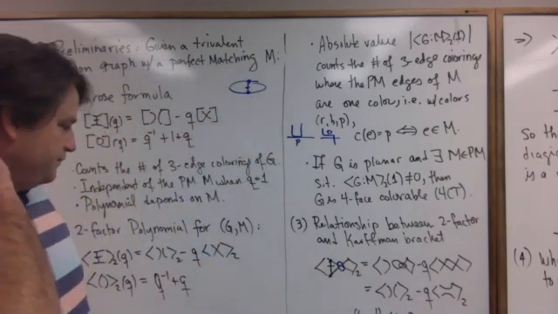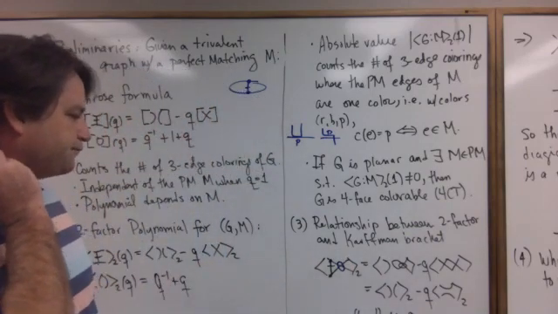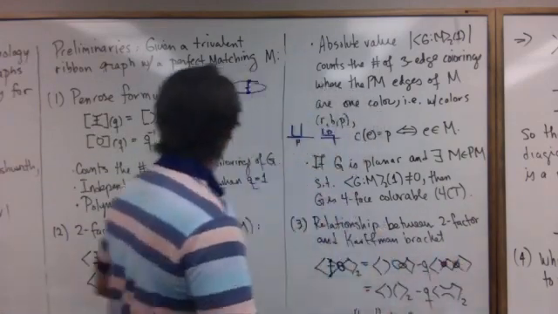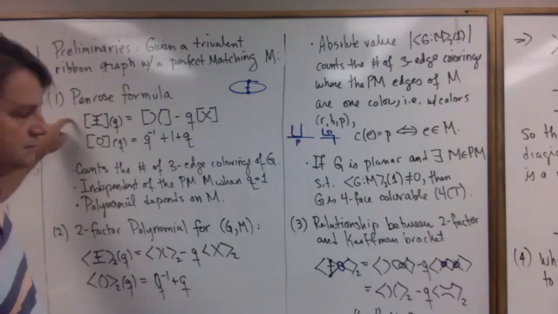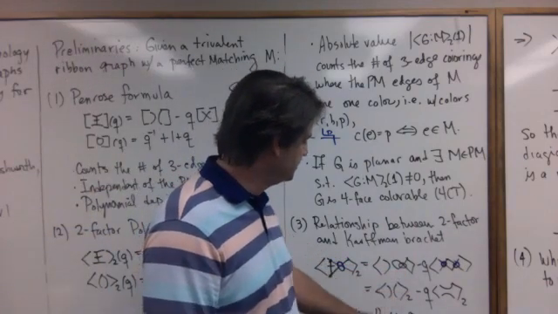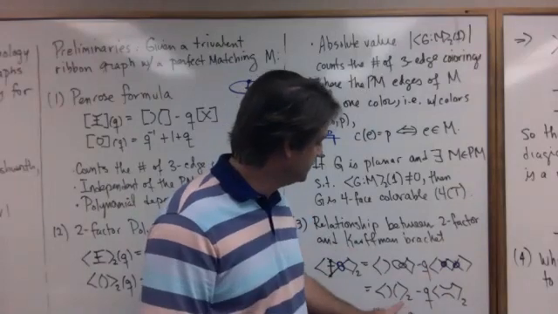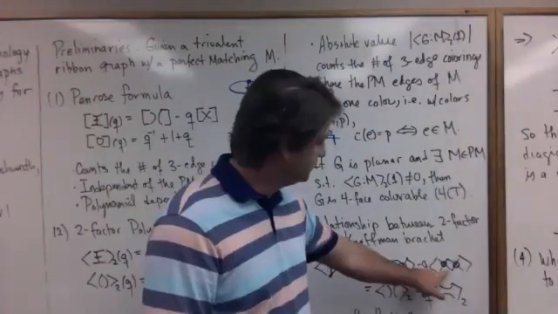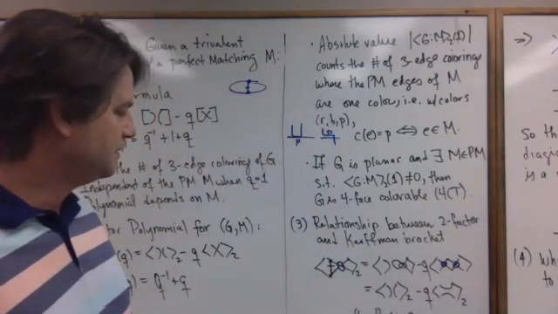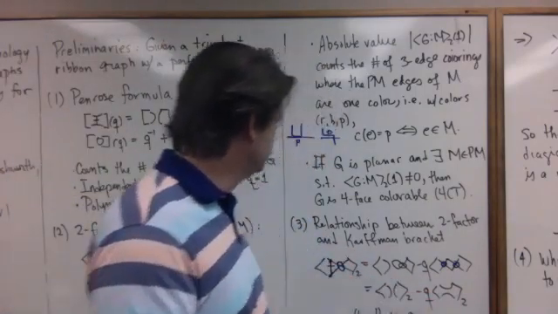It's got a virtual crossing in it. If you apply the two-factor polynomial, you can unwind this virtual crossing using virtual moves and you get a zero smoothing and a one smoothing.